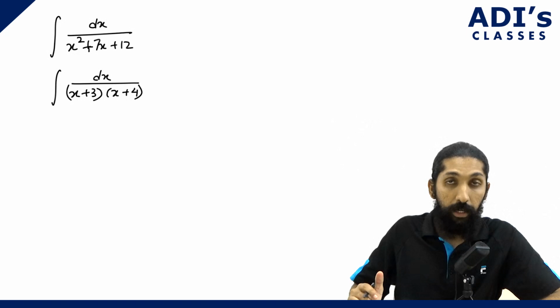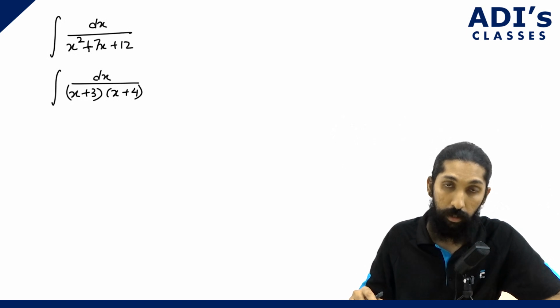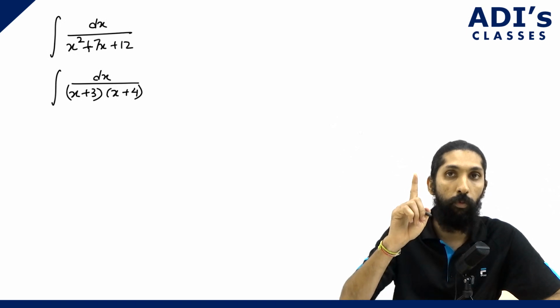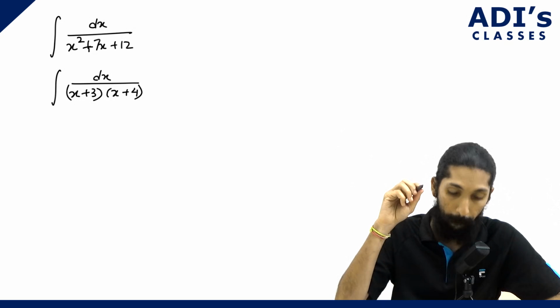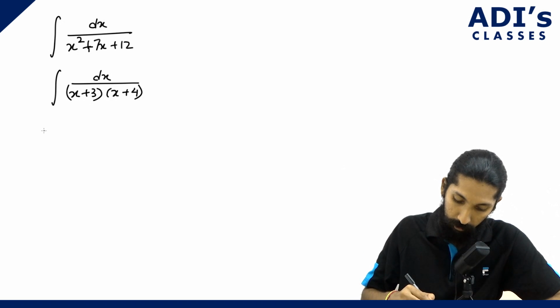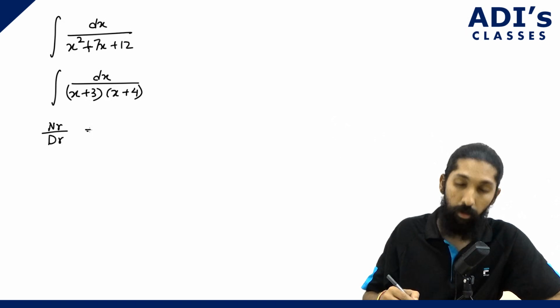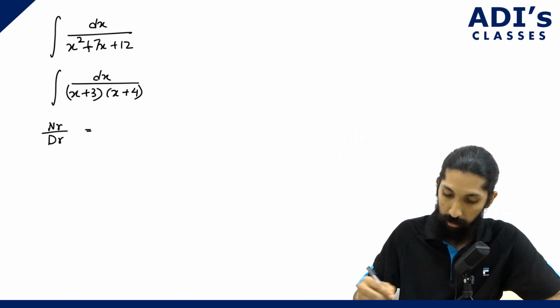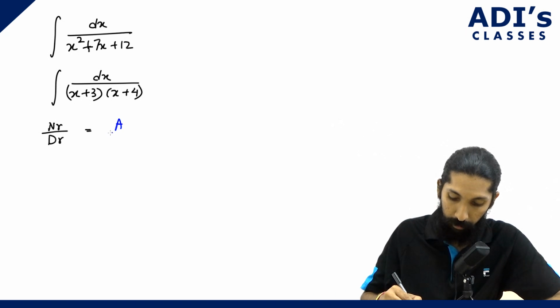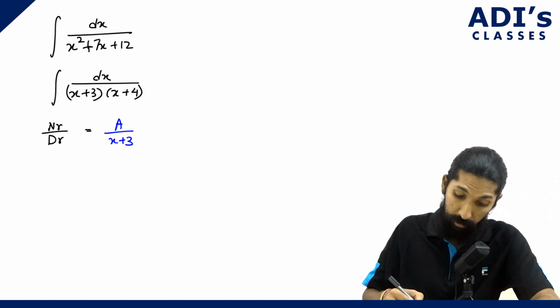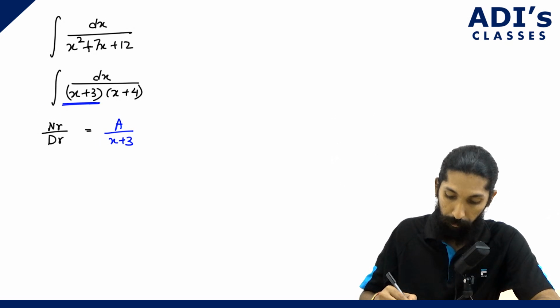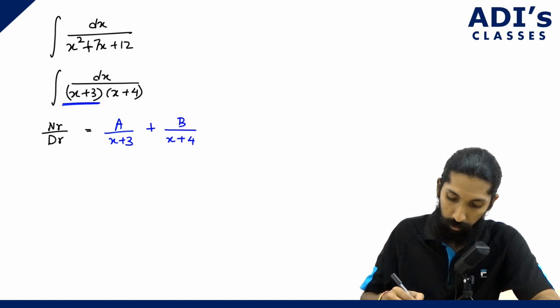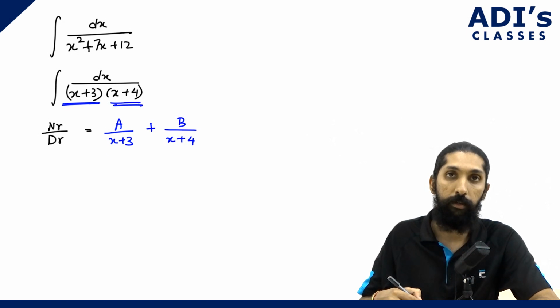We can write this as a fraction. The numerator is 1, correct? 1 into dx. The numerator divided by the denominator can always be written as some constant a divided by x plus 3, x plus 3 being the first factor, plus b divided by x plus 4, x plus 4 being the second factor.